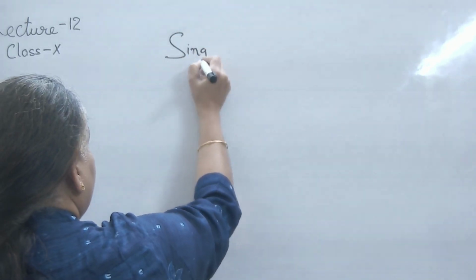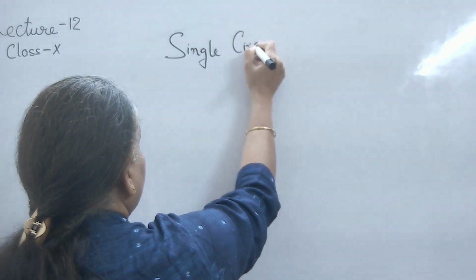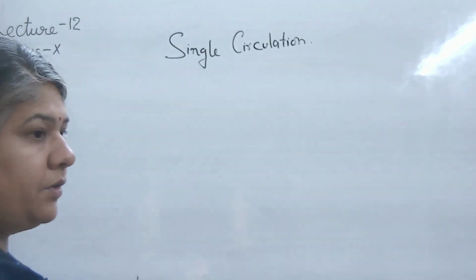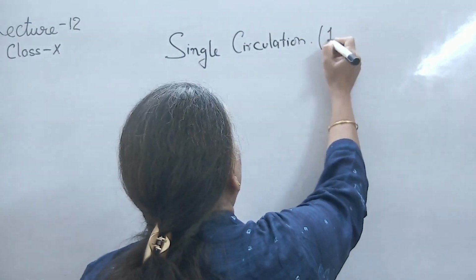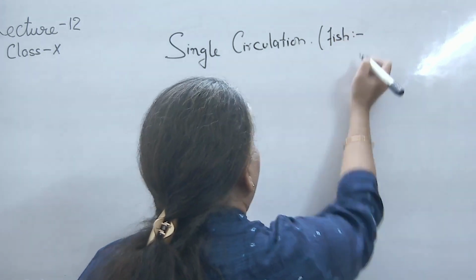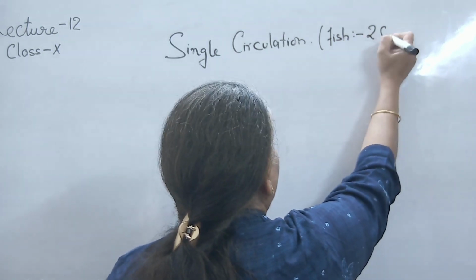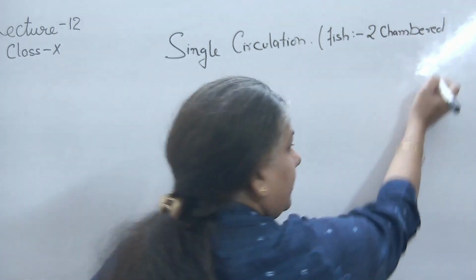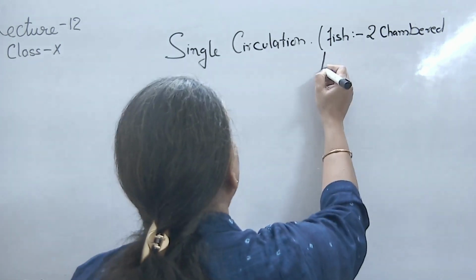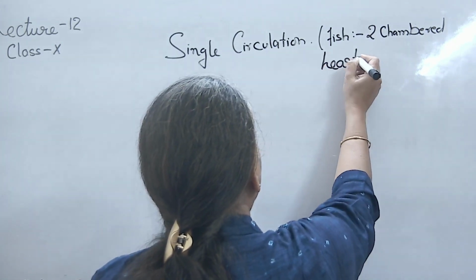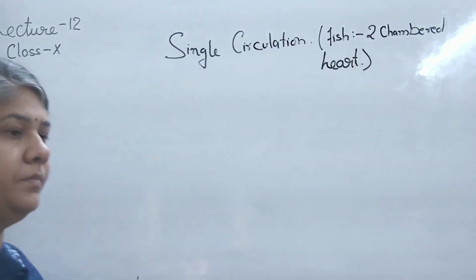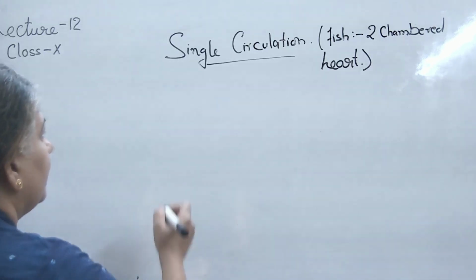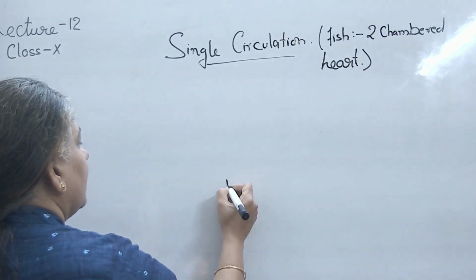Single circulation, which is present in fishes, and fishes have two-chambered heart. Okay, let's see how the circulation takes place.